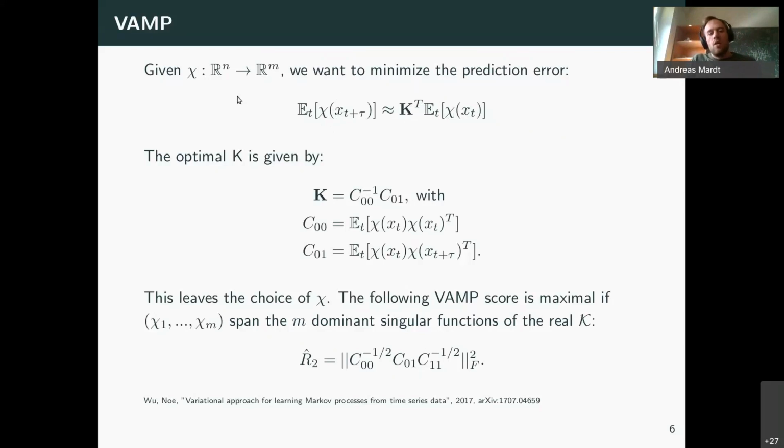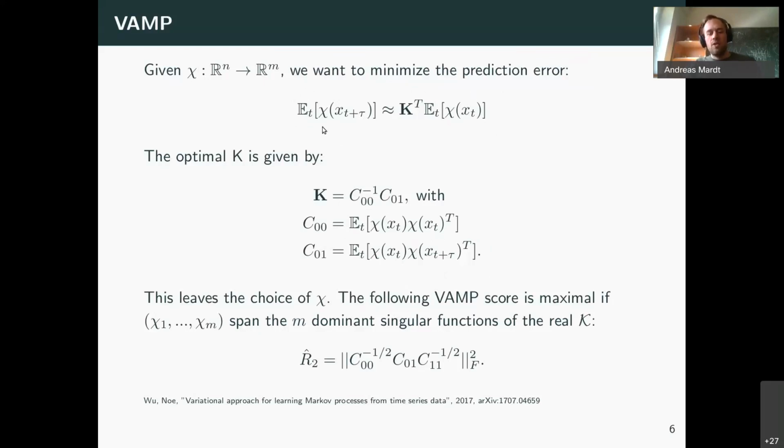Okay, now the question is, how do we get these chi and these K? First of all, given that we have the chi's, the optimal K is easily given. This is written down here. It's just a multiplication of these two matrices, which we can estimate from our data. And this leaves the choice of chi. The tricky part is that we cannot simply use this prediction error as a loss.